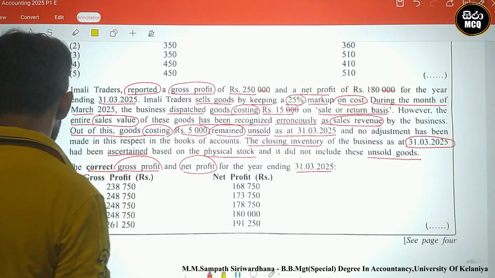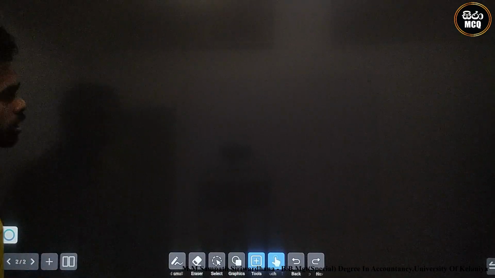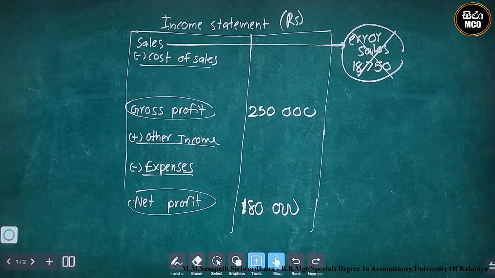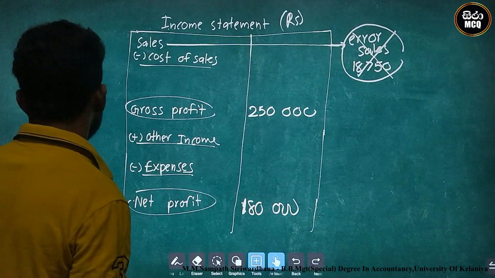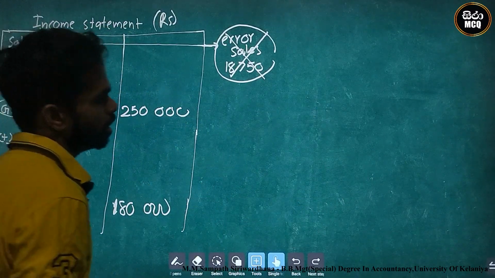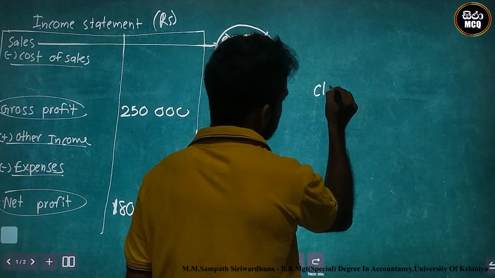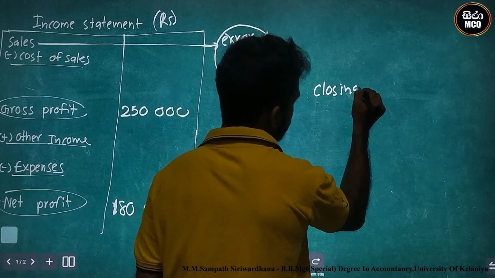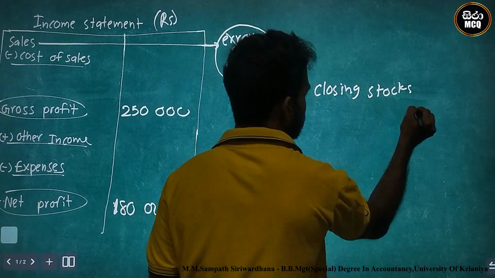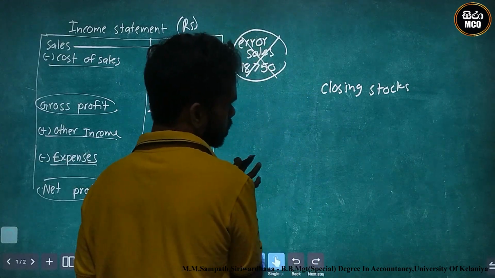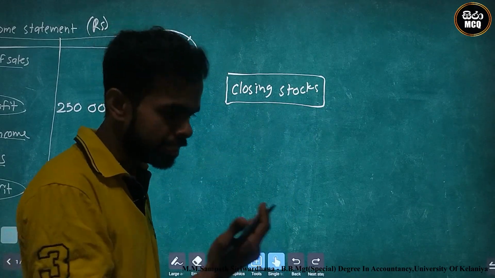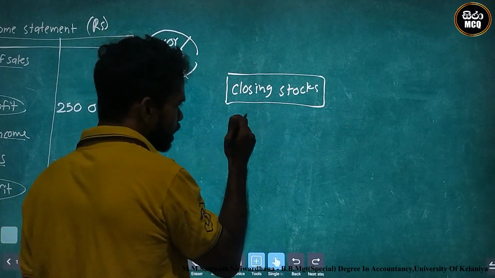Look here, do you know what the double entry for closing stock is? I prepared this. What is the double entry of that, and what is the final destination?